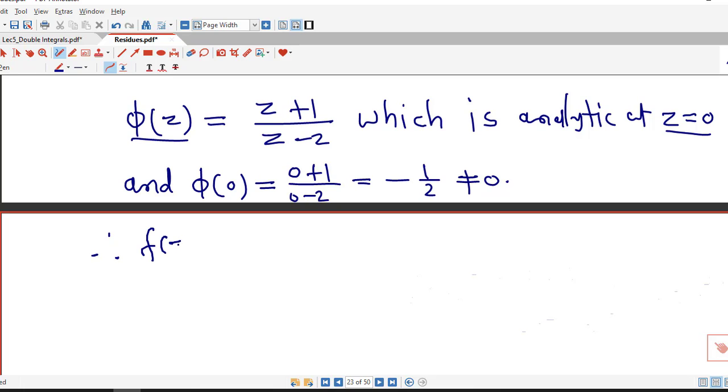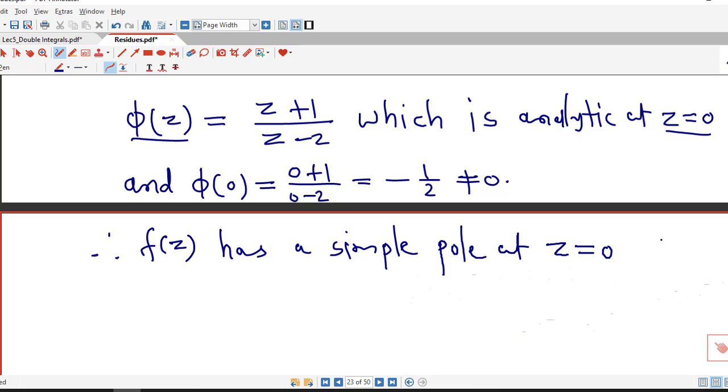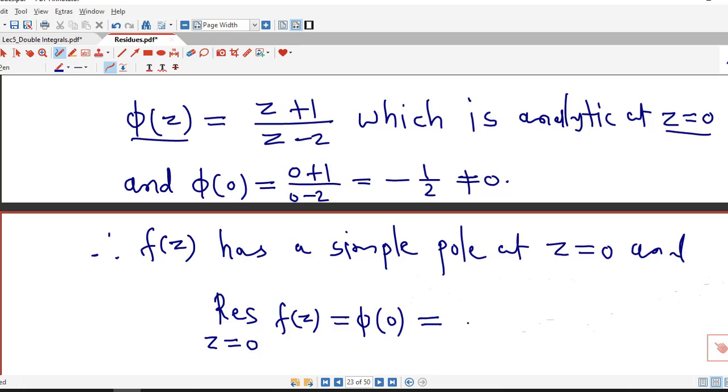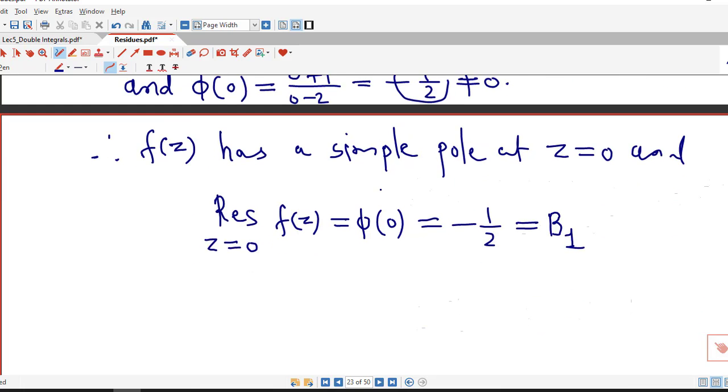Therefore f of z has a simple pole at z equal to 0, and the residue of f of z at z equal to 0 is equal to the value of function phi at z equal to 0, which we have calculated as minus 1/2.